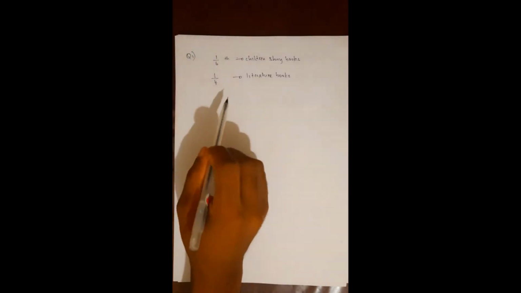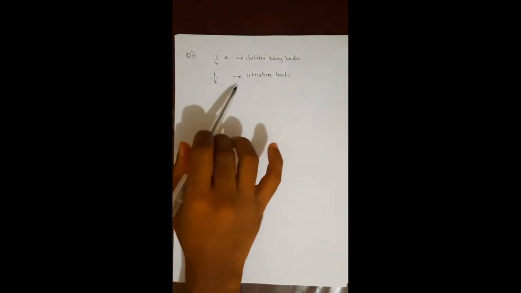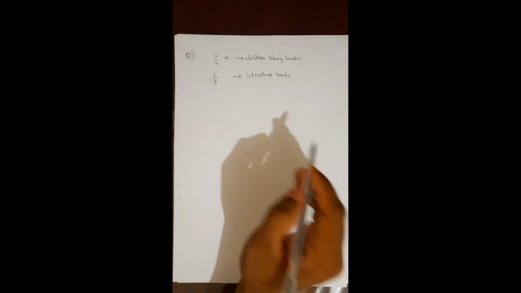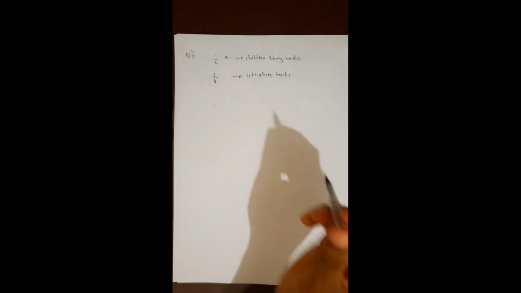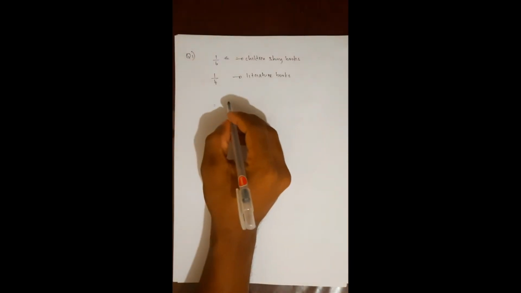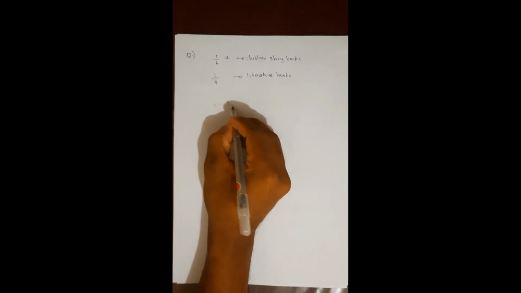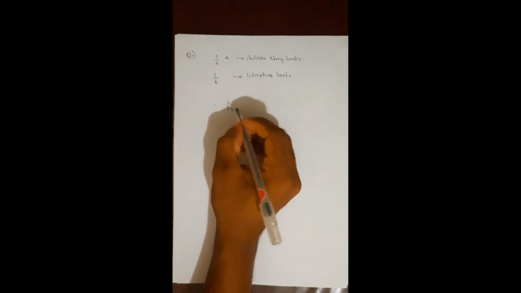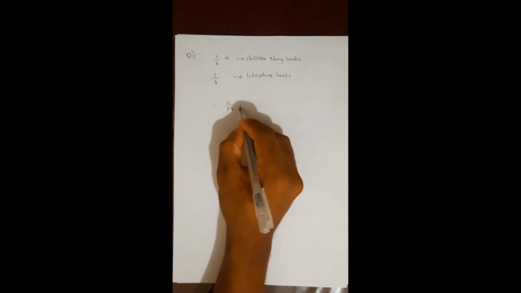Ananda donated these storybooks and literature books to the village school. So Ananda has donated this part of the total to the village school. Before moving into the question, we have to understand he has donated these two parts to the village school, so we have to add them. In order to add, we have to equate the denominators. The denominator would be 24.